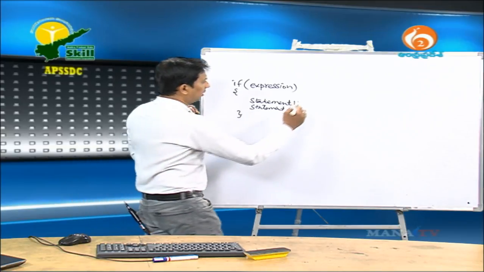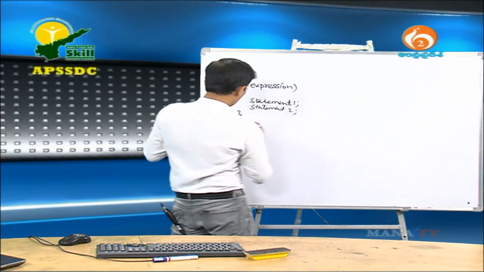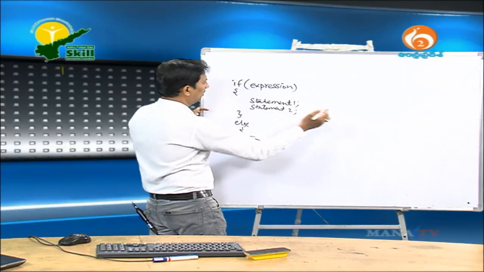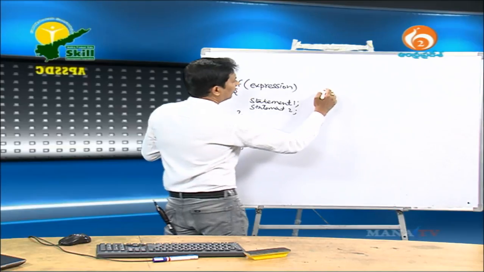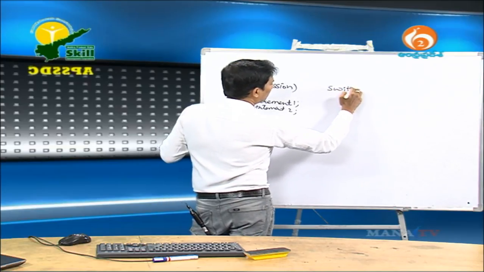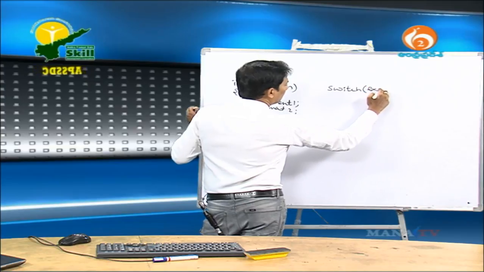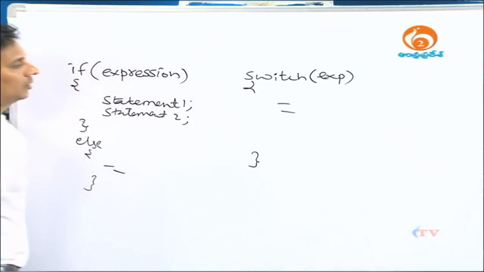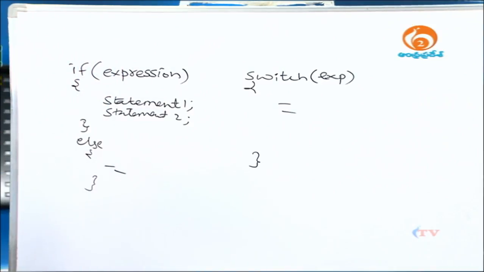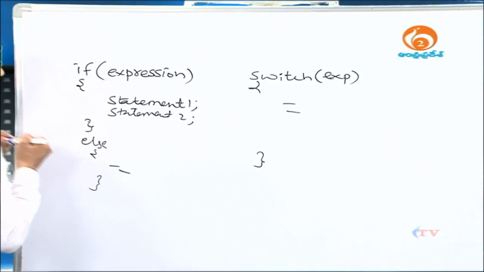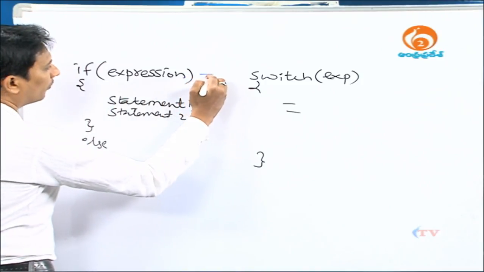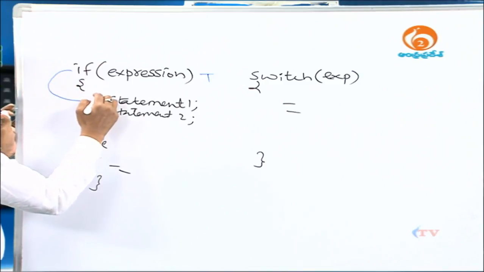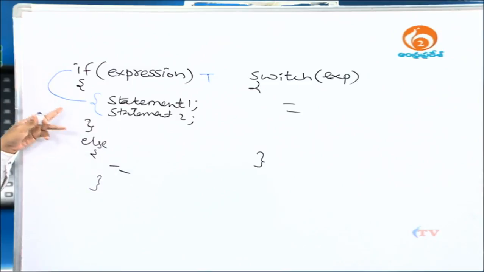Next I am writing here another if else, switch statement, expression. After if, the condition is true, now the control will execute the body of the if block.